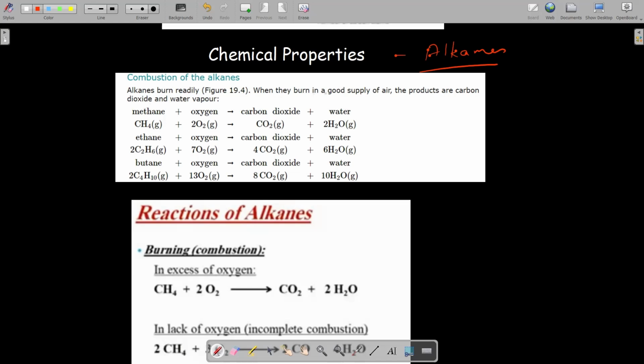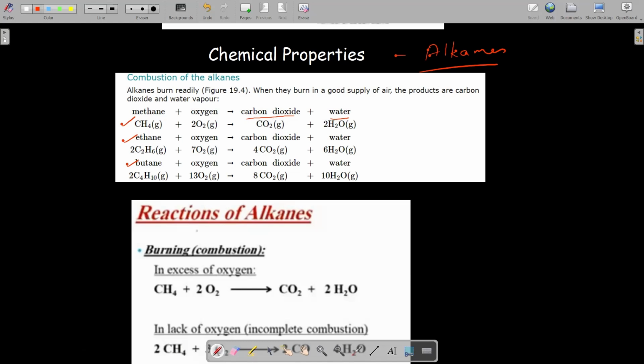When they burn in a good supply of air, that is when there is no lack of oxygen, the products are carbon dioxide and water. Whether it is methane, ethane, butane, whichever saturated hydrocarbon you take, if it burns in a good supply of oxygen, it will always give carbon dioxide and water.